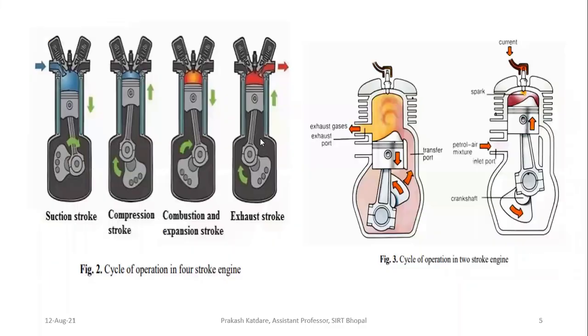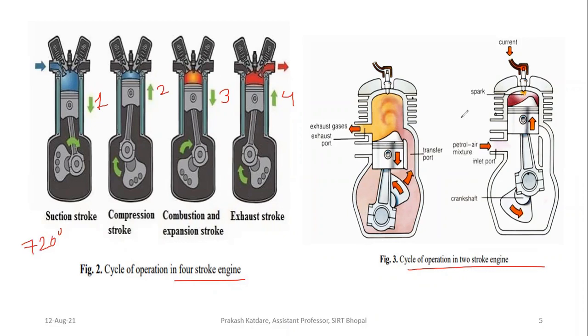If we see 4-stroke and 2-stroke, in this figure we can see both of these engines. Here we can see the cycle of operation in 4-stroke IC engine, and here we can see it for 2-stroke IC engine. So if we see the basic differences, in 4-stroke, the complete cycle is completed in 4 strokes of piston, that is 4 movements of piston, or 2 complete revolutions of the crankshaft, that is 720 degrees of revolution.